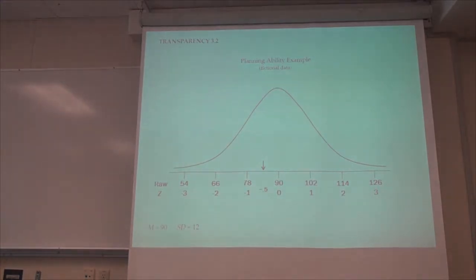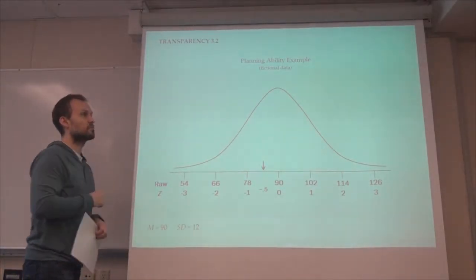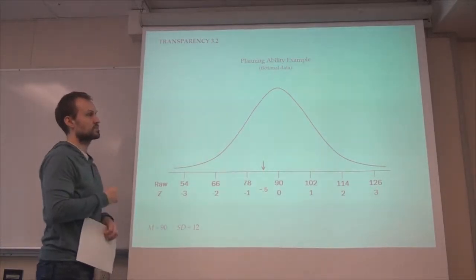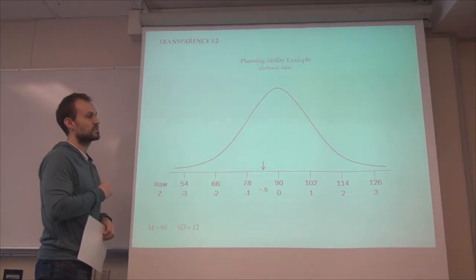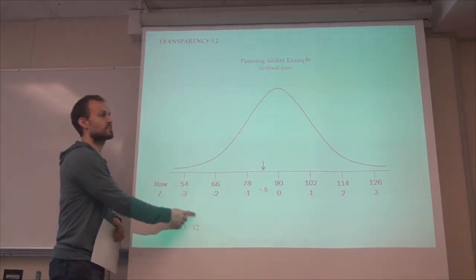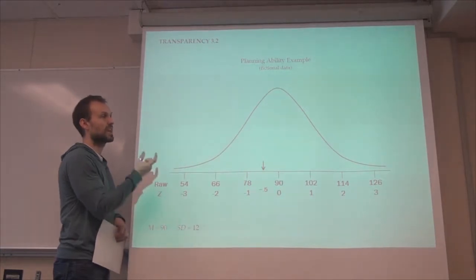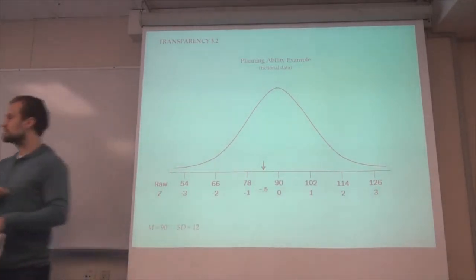So even though the actual number difference seems maybe high, it depends on the variability by way of the standard deviation. That tells me how bad that score actually is. An 84 versus a 90 isn't that bad when the standard deviation is 12. It's only half a standard deviation step below the mean.